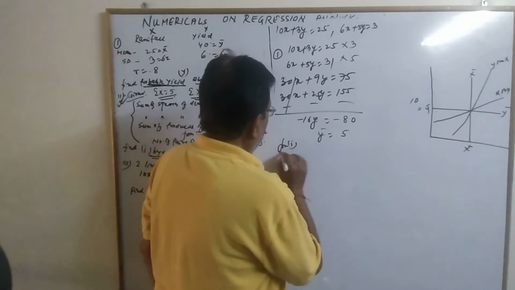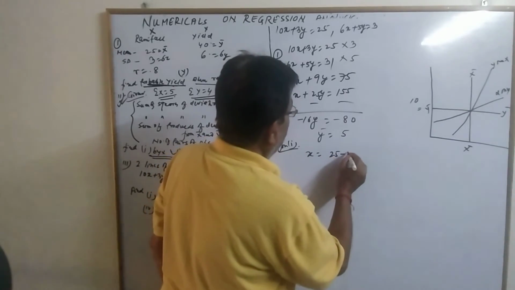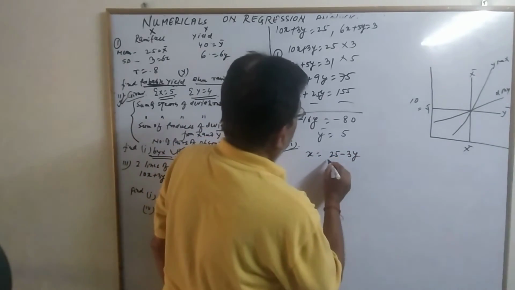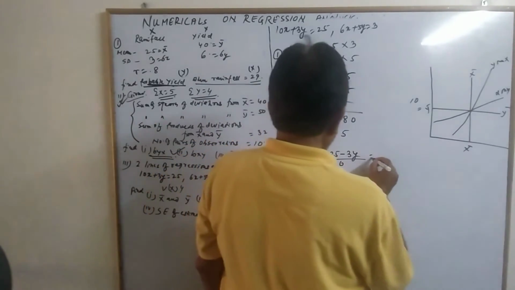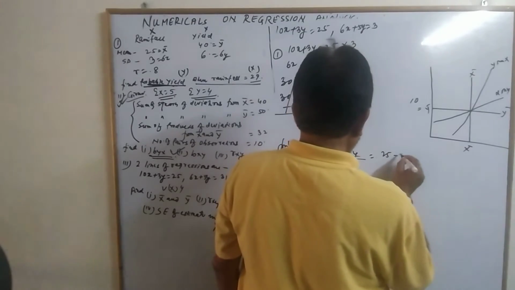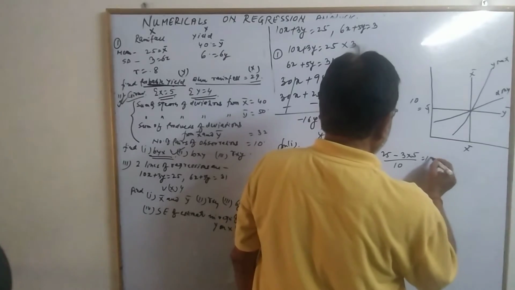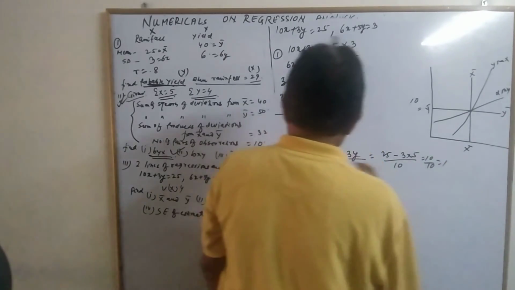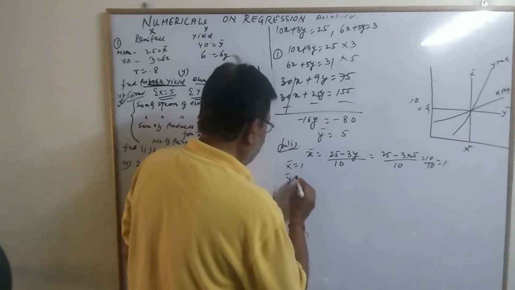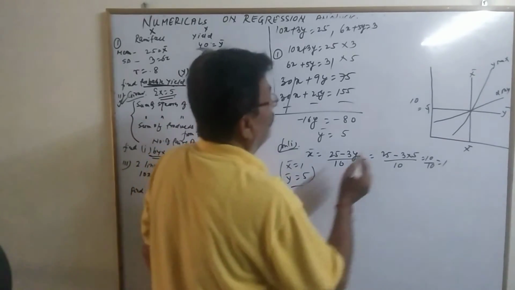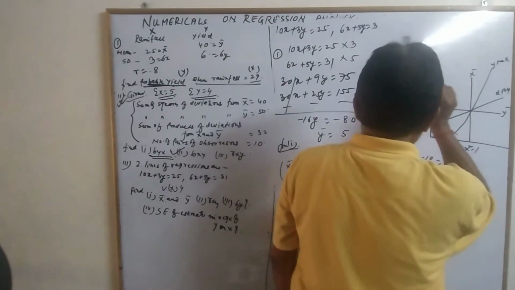So from 1, x is 25 minus 3y divided by 10. So 25 minus 3 into 5 divided by 10, 10 by 10, 1. So x bar is 1. Hence, x bar is 1 and y bar is 5.